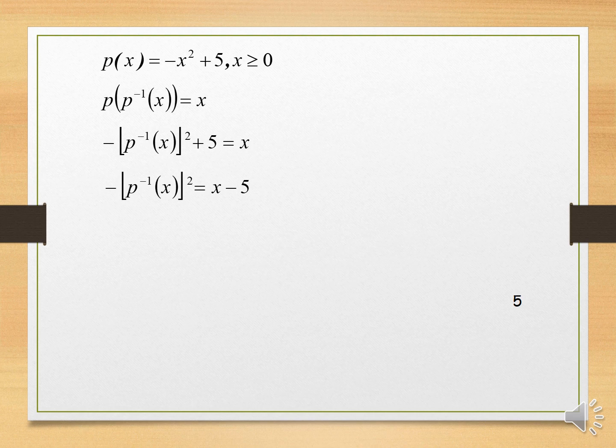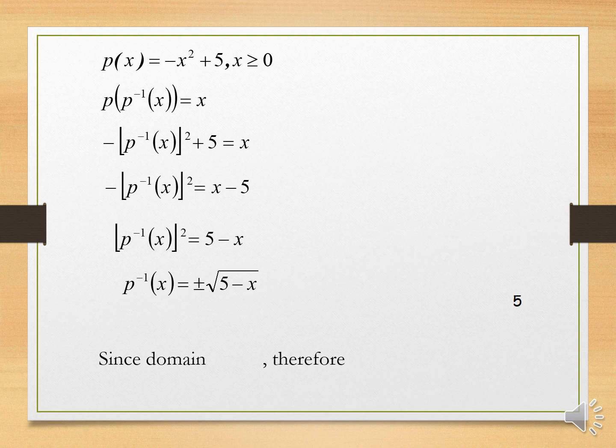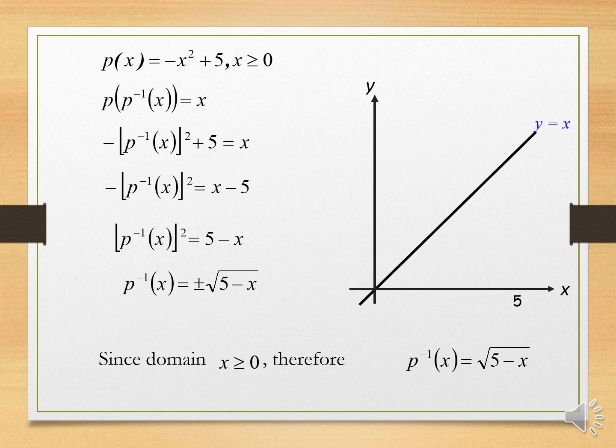Therefore, negative (p inverse x) squared equals x minus 5 and (p inverse x) squared equals 5 minus x. Then, taking the square root of both sides, we get p inverse x equals plus or minus square root of 5 minus x. Since the domain is x more than or equal to 0, we take the positive part, p inverse x equals square root of 5 minus x only.